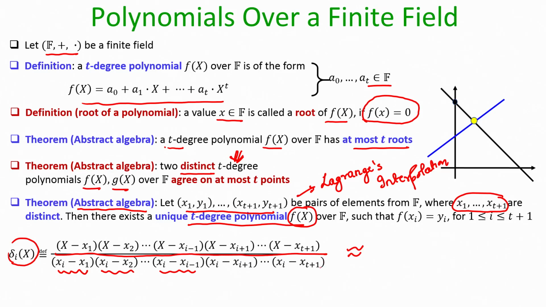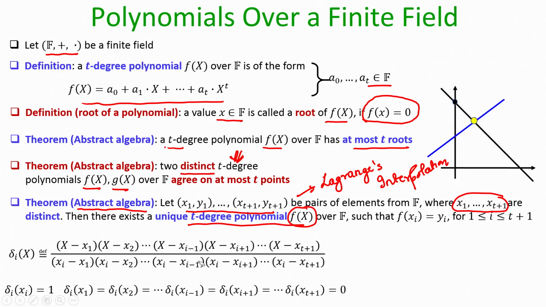Let the final result of the product of the elements in the denominator be A. Then the interpretation of this delta ix polynomial is that instead of saying I divide the numerator by A, I should interpret it as if the numerator is multiplied with A inverse, where A inverse is the multiplicative inverse of the element A, because I am performing all the operations over the field. So, in a field I have just a plus operation and the dot operation. So, division should be interpreted as if I am multiplying with the multiplicative inverse.